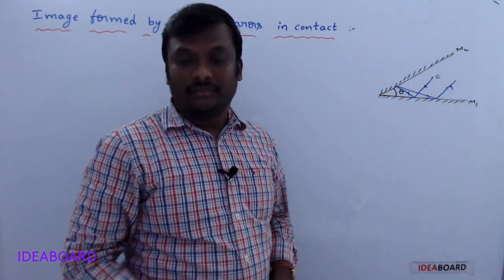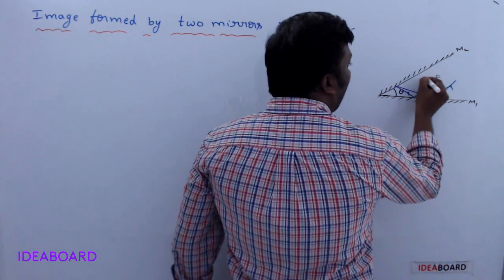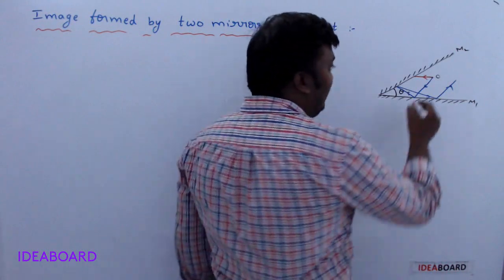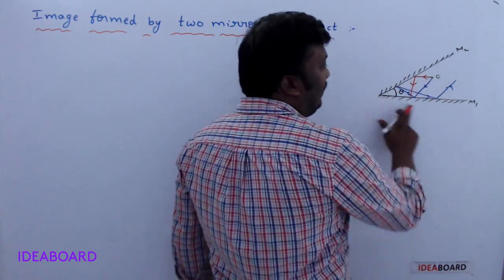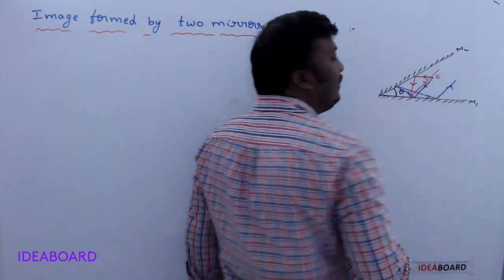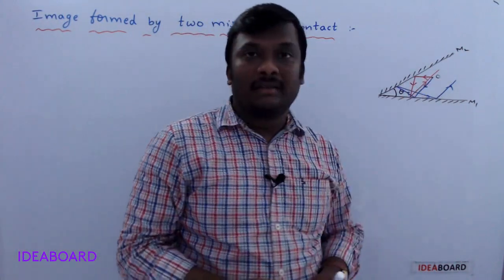Now take another ray of light which initially touches M2 first, is reflected back, touches M1, and is again reflected back. In this way multiple reflections take place.